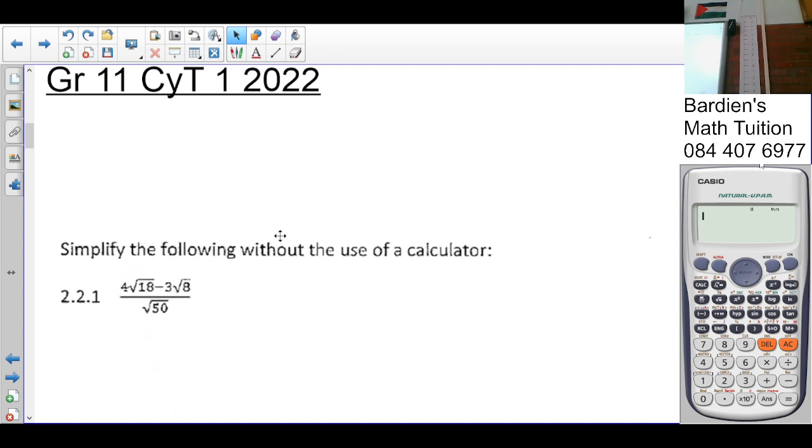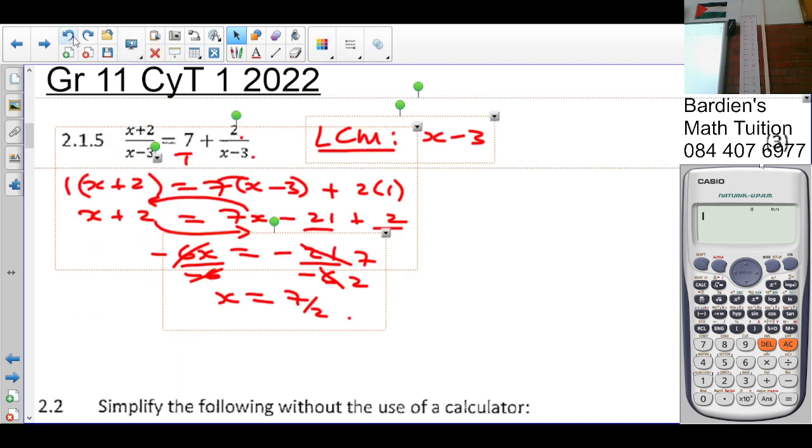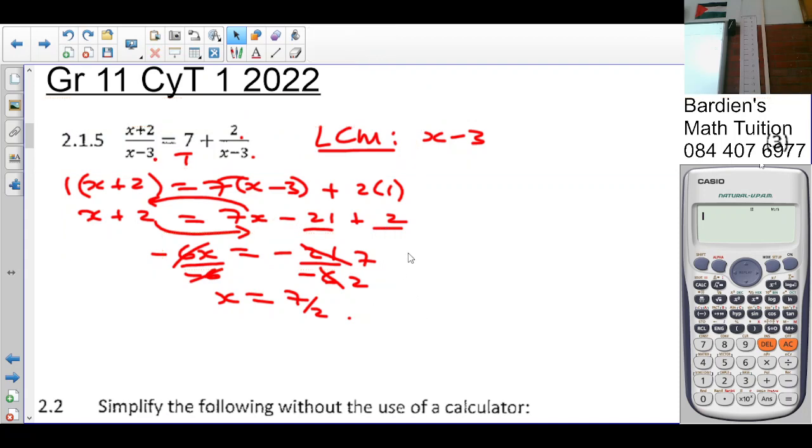Yes? Okay, 4 over 7. Now why did we take it off first? 4 over 7. How did you get 4? 2 over 7. Am I right? Am I right or wrong? Am I wrong? Okay, so where's my mistake?